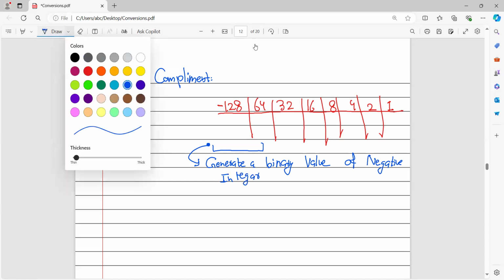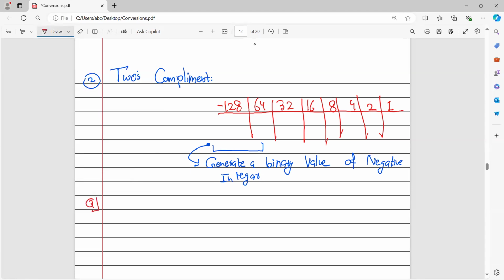So for example, if you have a question, like using two's complement, calculate the binary equivalent of minus 95.